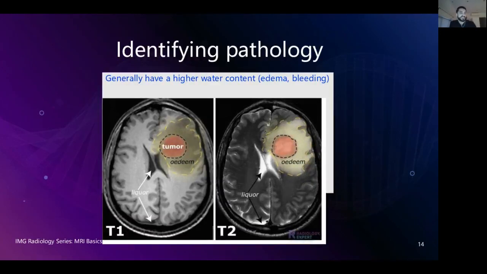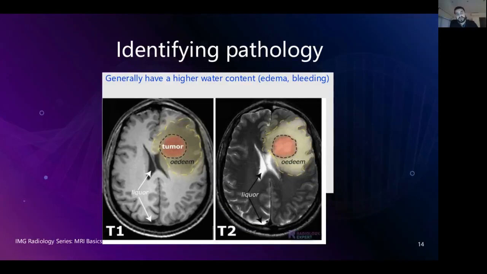In this particular case, we're looking at a tumor which is causing a bit of a mass effect and some surrounding edema. As we said, in the T1 weighted image, you can see the fluid is darker in comparison to the surrounding brain parenchyma or tissue, which is made up of a lot of fat. So it's darker and the brain parenchyma is whiter.